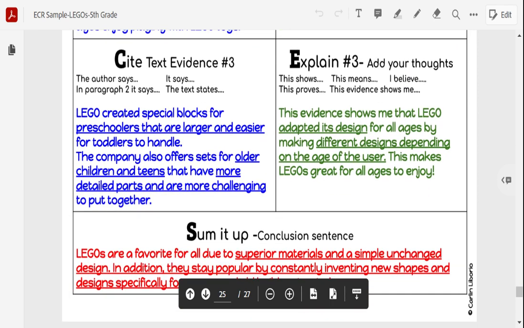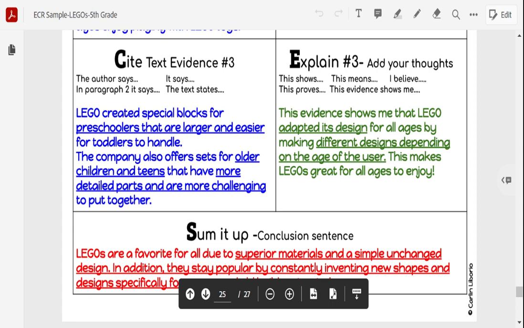And then the third one talks about how they even designed special, larger, and easier Lego bricks for preschoolers that were easier to handle for toddlers. And then for teens, they made those detailed pieces that were more challenging.